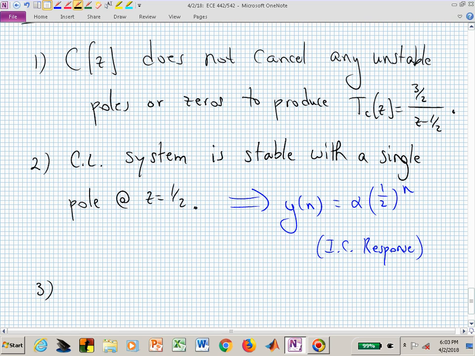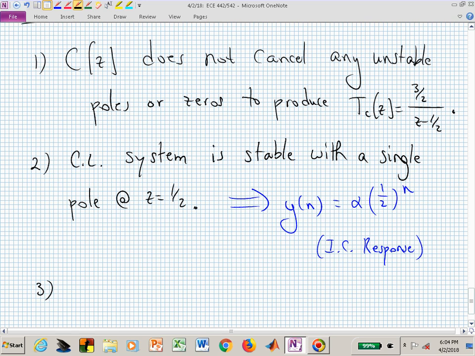So I didn't have an explicit input, is what I was assuming. But if you did have an input, then you would not only have this mode, but you would also have the structure due to the input that you might apply as the reference input. So this is just the initial condition response. This is just how this system would respond if you now had non-zero initial conditions on this closed loop system.